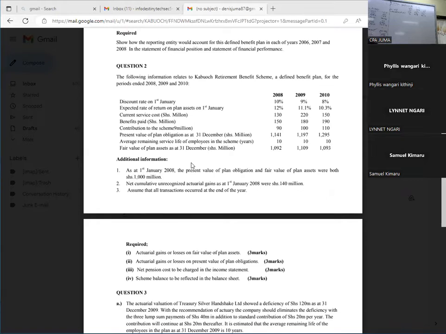Then bring current service costs. Current service costs, how much? Where are they? 130? To 2150.